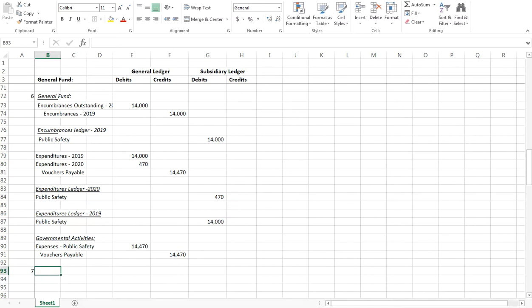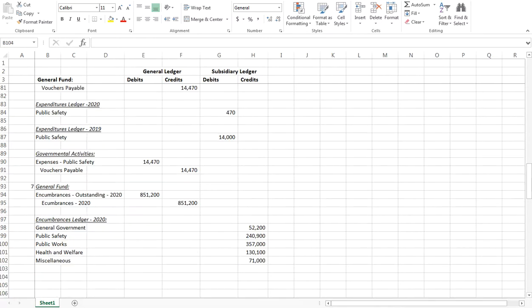In number 7, we have invoices which were received and approved. So the first thing I did is my general fund, I reversed my encumbrances, and then I went into my encumbrances ledger, general fund, and I credited those amounts that were given to me, okay? And then I've got expenditures, 2020.